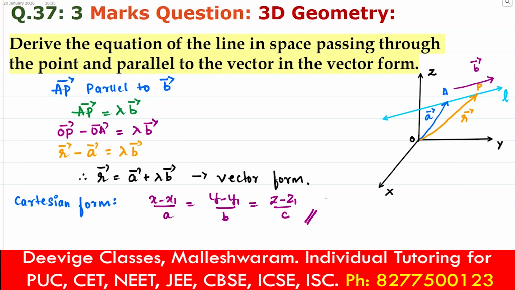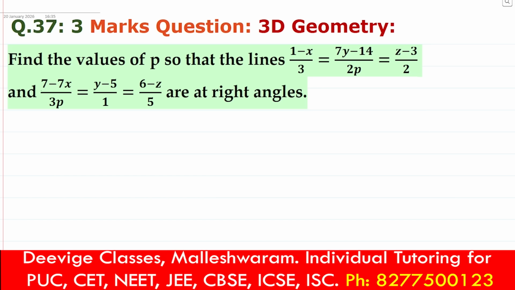Okay, next question: find the value of p so that the lines (1 minus x) by 3 is equal to (7y minus 14) by 2p is equal to (z minus 3) by 2, and (7 minus 7x) by 3p is equal to (y minus 5) by 1 is equal to (6 minus z) by 5 are at right angles.